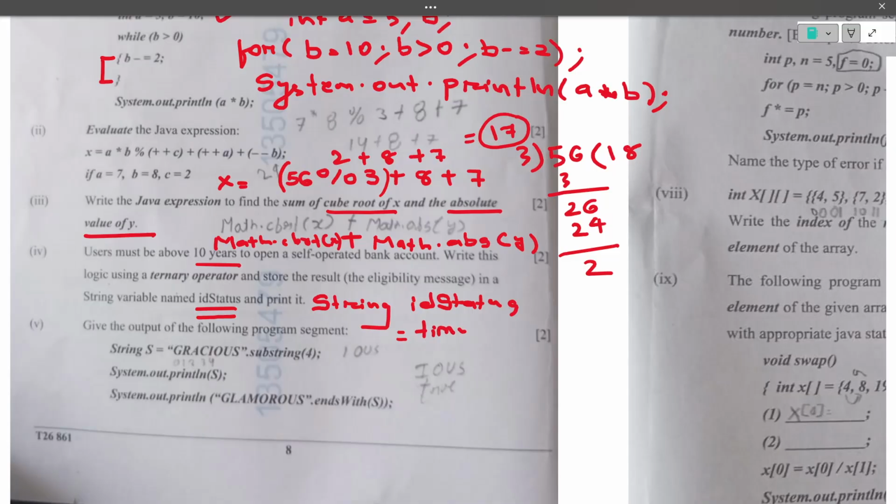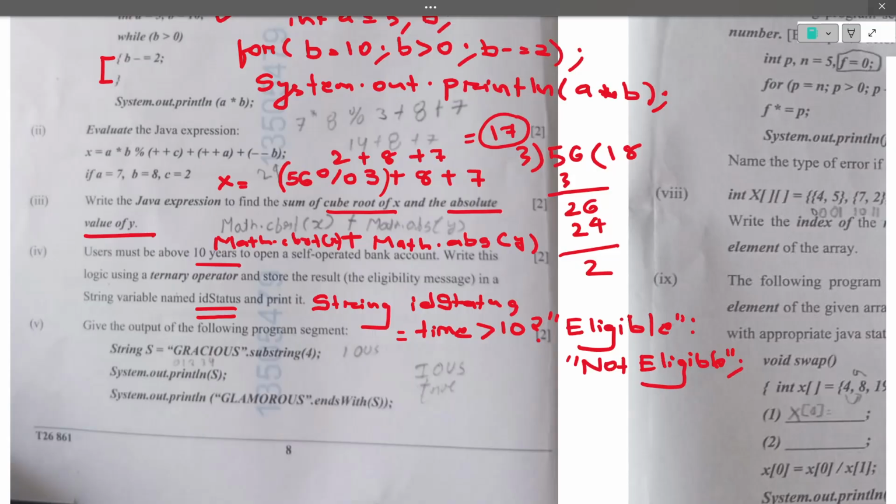If I'm finding time is greater than 10, so if this is true, then I will be saying eligible, colon, I will be writing not eligible, and a semicolon.